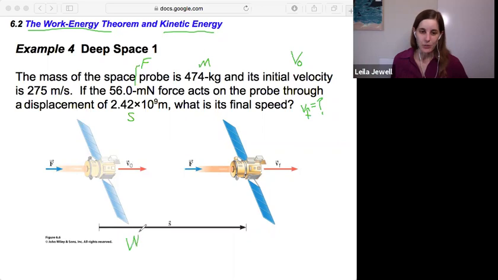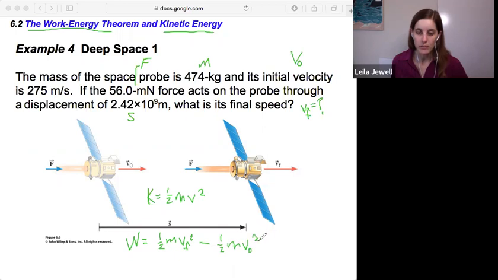It says that the work is equal to the final kinetic energy minus the initial kinetic energy, which we can remember our kinetic energy is equal to 1/2 mass times the speed squared, 1/2 mv squared. So 1/2, the mass doesn't change, so we can just write m, but I'm going to do a v sub f for the final speed squared minus 1/2 m v initial squared.